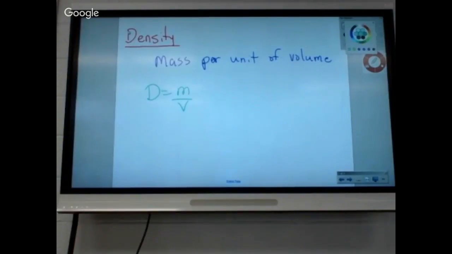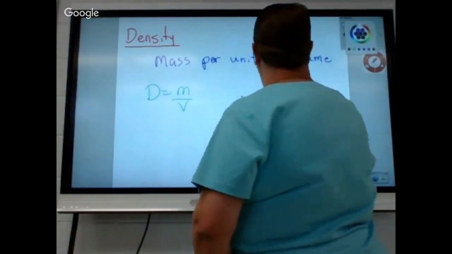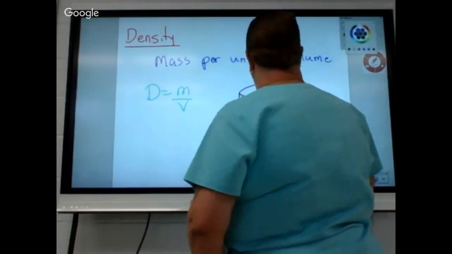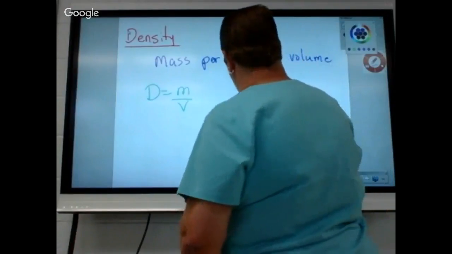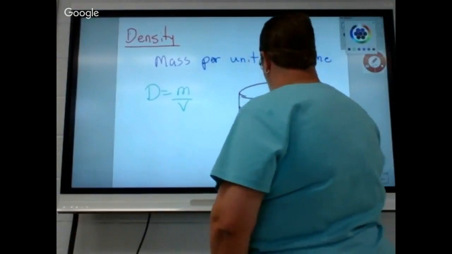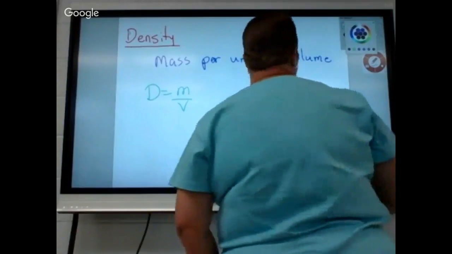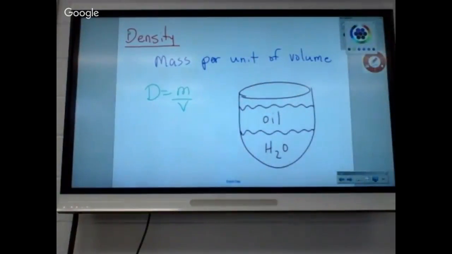Now, somewhere in your vast science background, you probably did some kind of experiment or had a discussion where maybe you had some water, had some oil, and you talked about why water and oil separated. One went up and one went down. Anybody remember why we talked about that? Okay. Can you tell me which one was more dense?